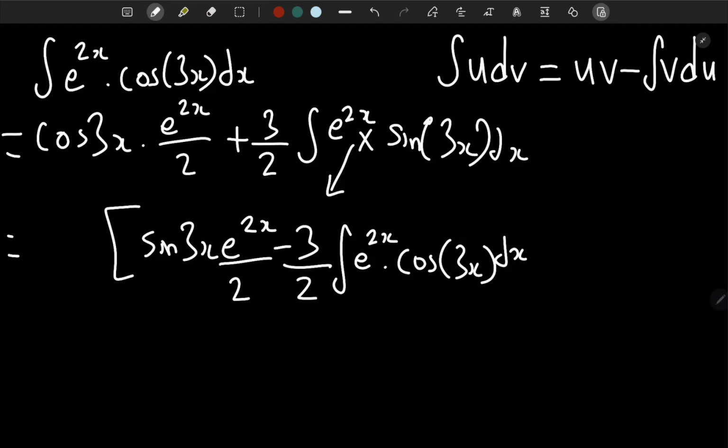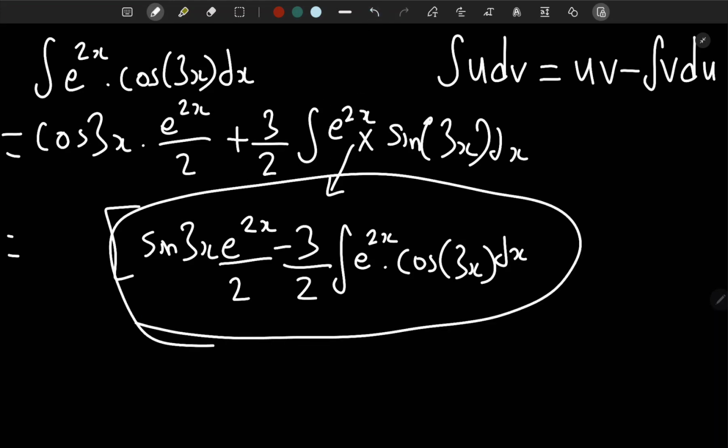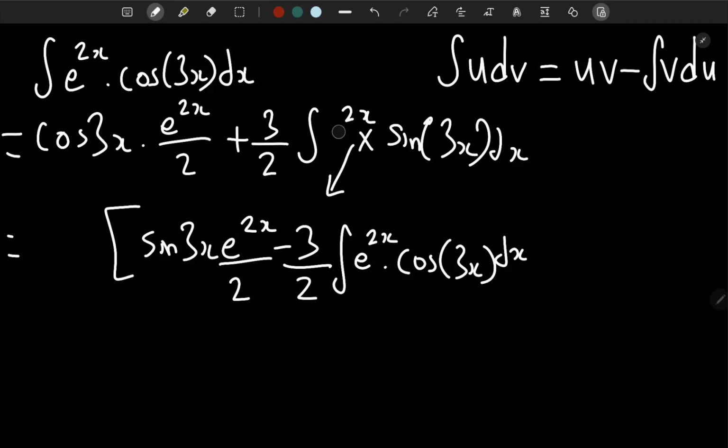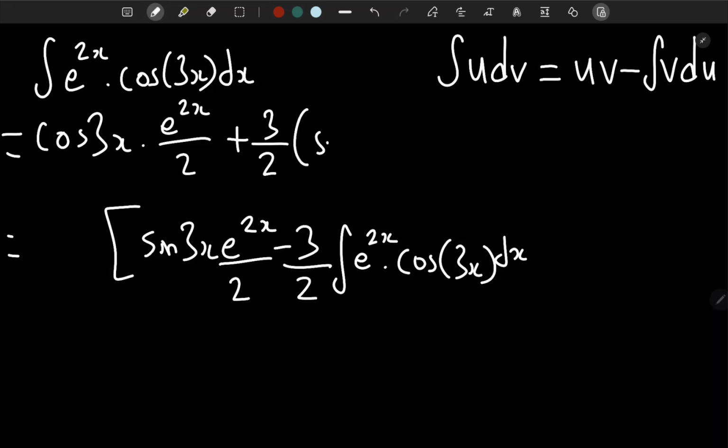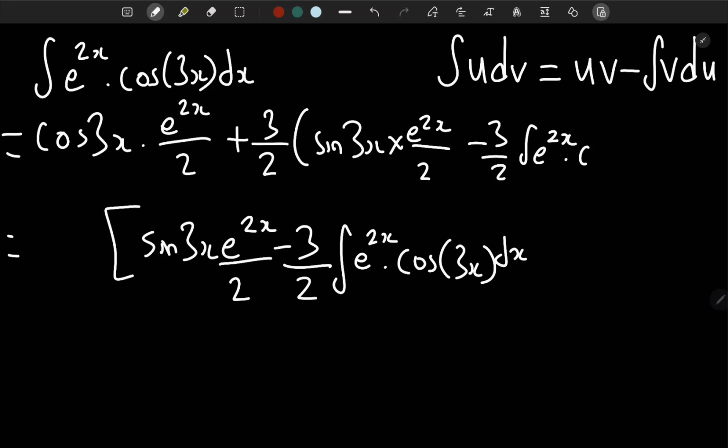So what I'm going to do is replace this integration part over here by what we have over here. So it's going to become, open brackets, sine 3x e to the power of 2x over 2 minus 3 over 2 integration of e to the power of 2x cosine 3x dx.